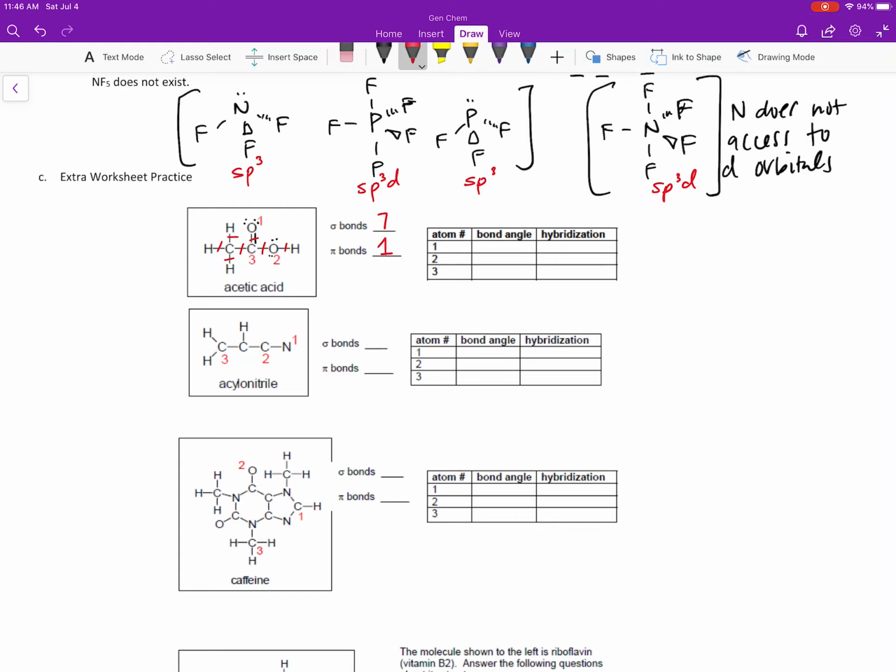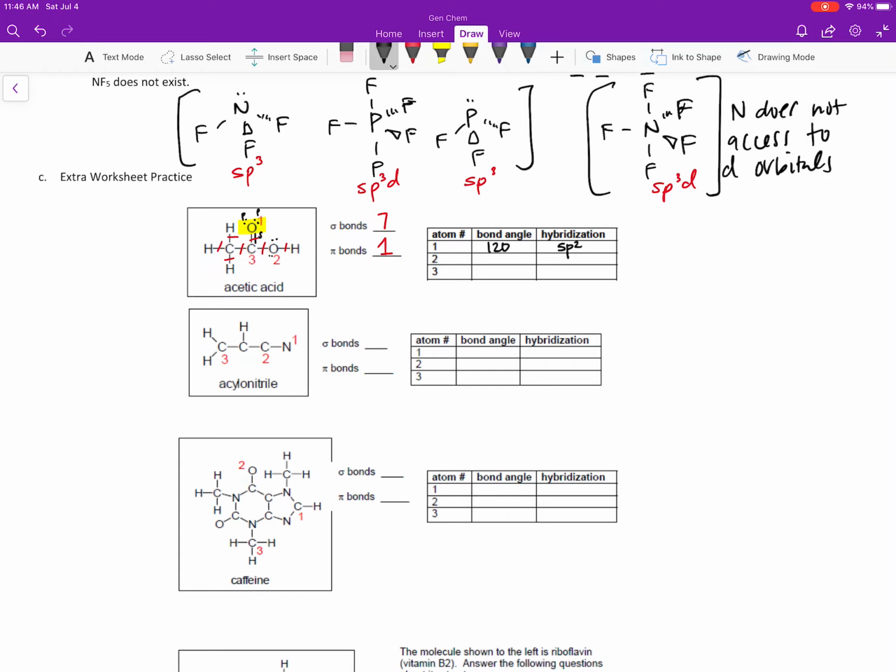Now this says to do atoms 1, 2, and 3, and we're going to do the bond angle and the hybridization. So atom number 1, right here, is going to be sp2 hybridized. Remember, those lone pairs count just like bonds.